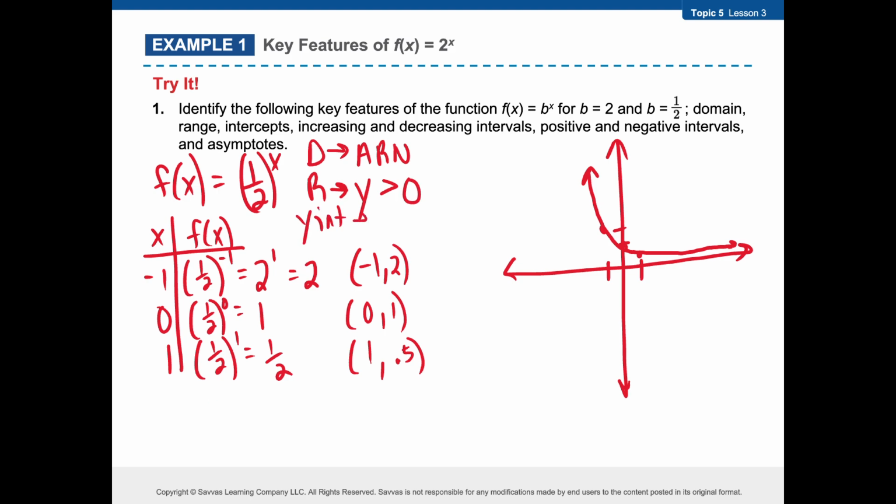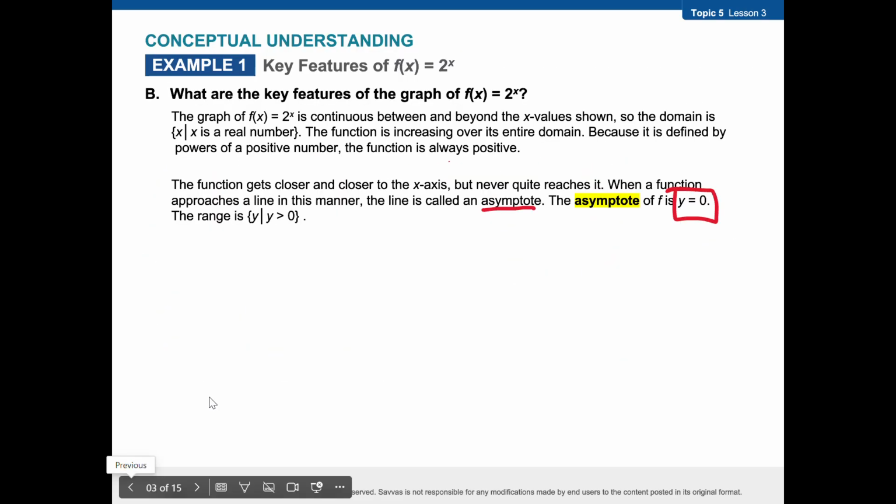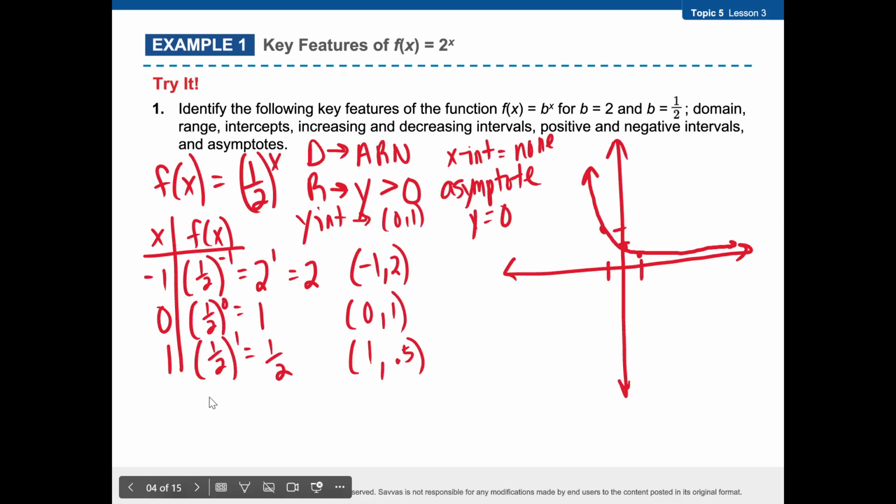My y-intercept is 0, 1. My x-intercept is none. It will never touch the x-axis. And my asymptote is y equals 0, just like before.